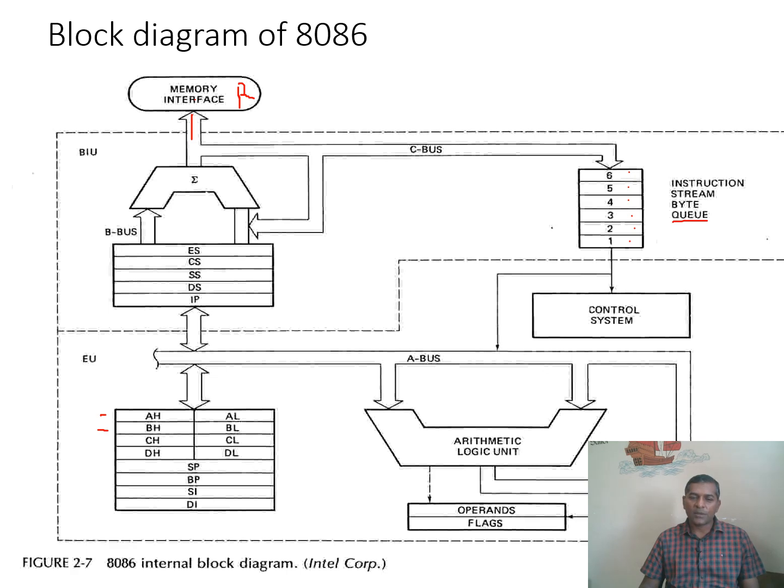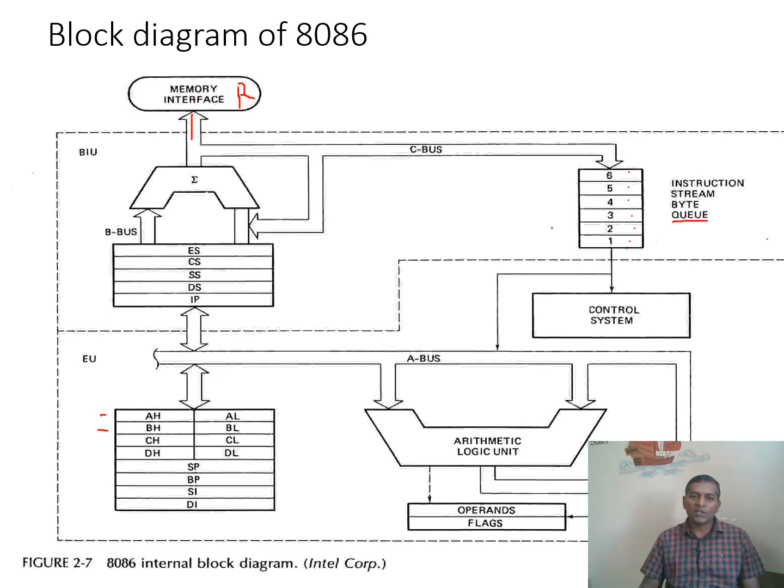Then we have some 16-bit registers: SP, BP, SI and DI. We'll talk about those. We also have ES, CS, SS, DS and IP. These are some of the registers used in the microprocessor. These registers are directly involved in accessing memory and getting information from memory.